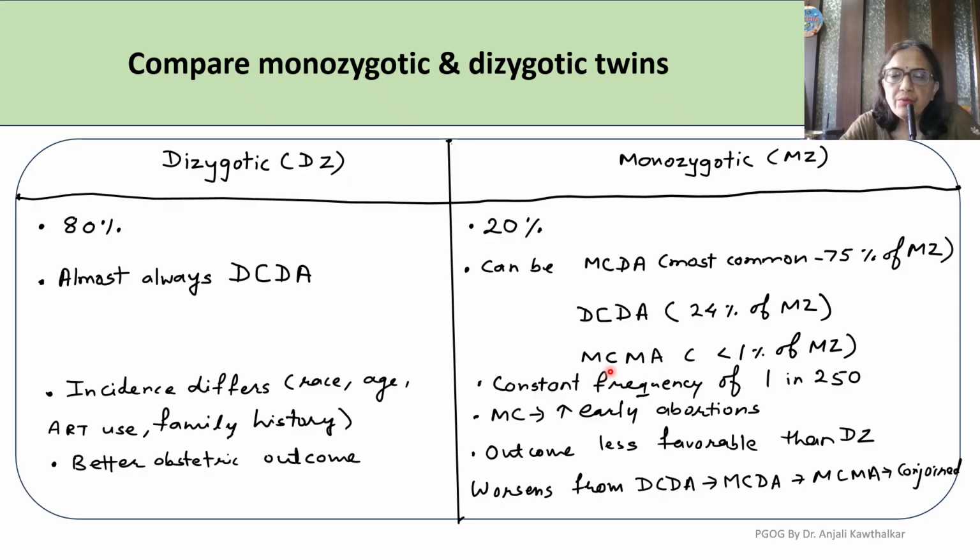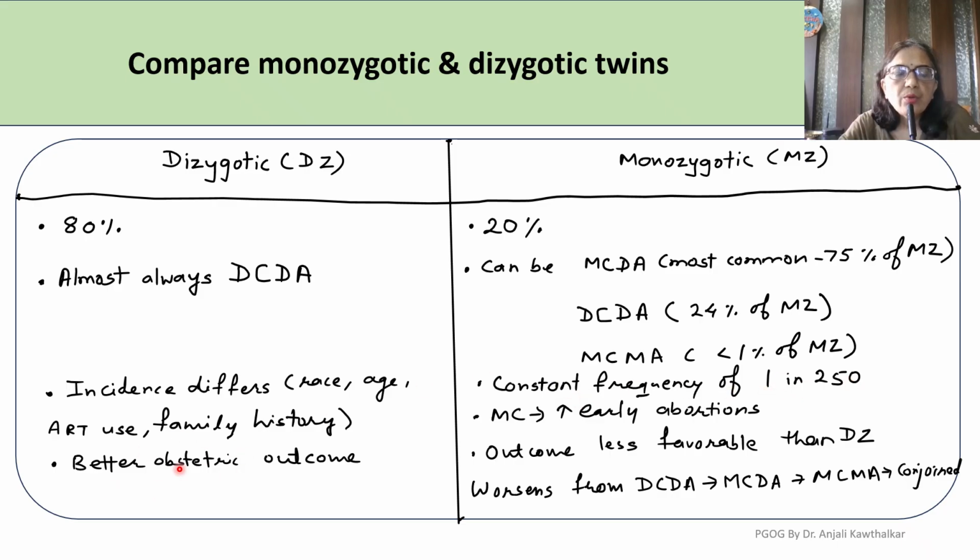In our career, we usually don't see many cases of monochorionic monoamniotic twin pregnancy, because monozygotic itself contributes only 20%, and out of that less than 1% are monochorionic monoamniotic. The incidence of dizygotic twins differs depending on race, age, ART use, family history and various other factors, whereas monozygotic twins have a constant frequency of 1 in 250.